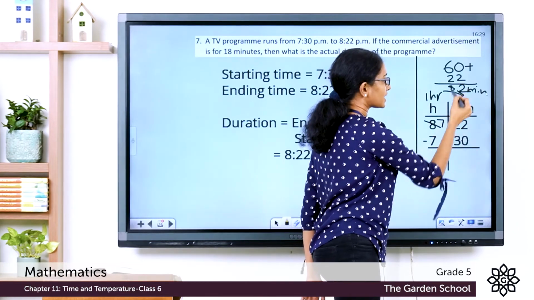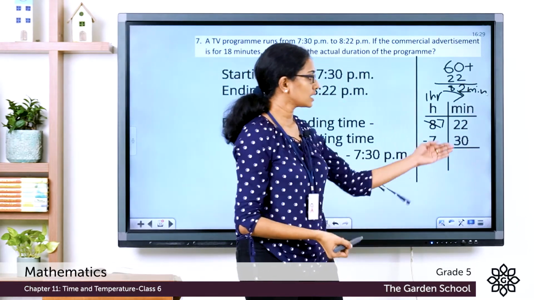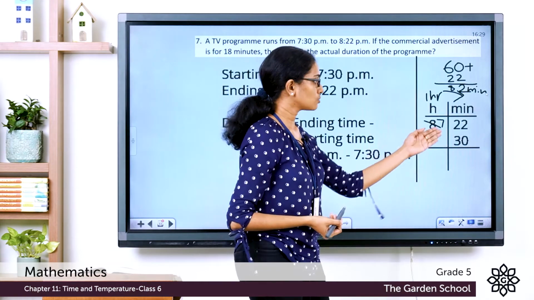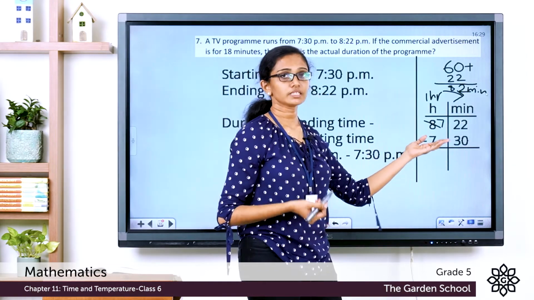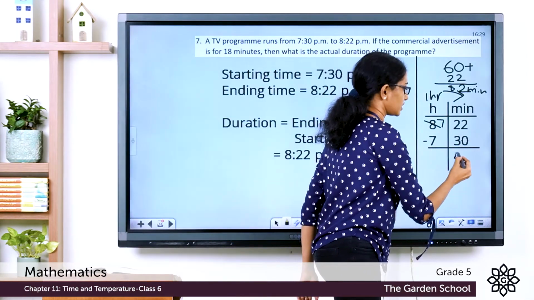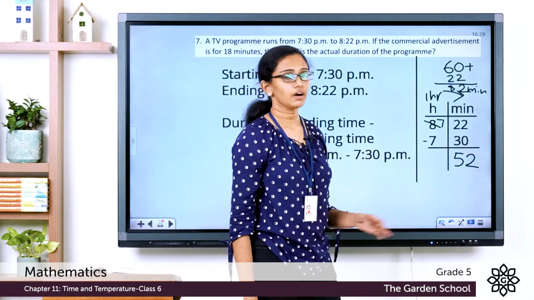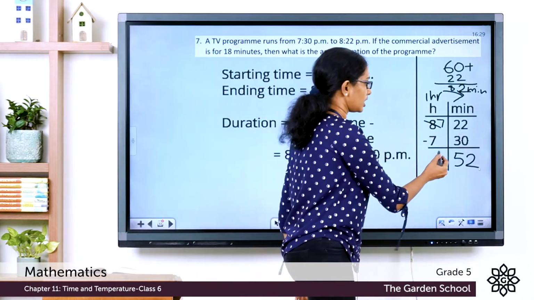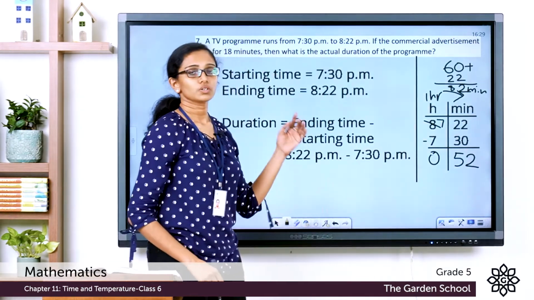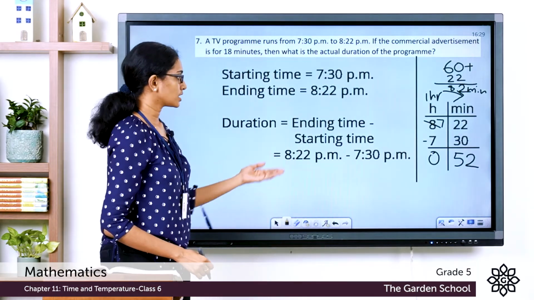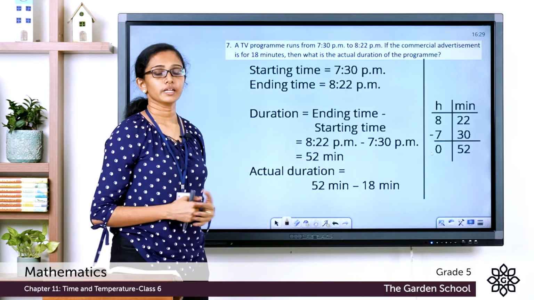From this 82 minutes, we have to subtract this 30 minutes. From 82 minutes, you subtract 30 minutes and you get 52 minutes. And here in the hours column, we have 7 hour minus 7 hour, which is equal to 0. So the duration of the program is equal to 52 minutes.